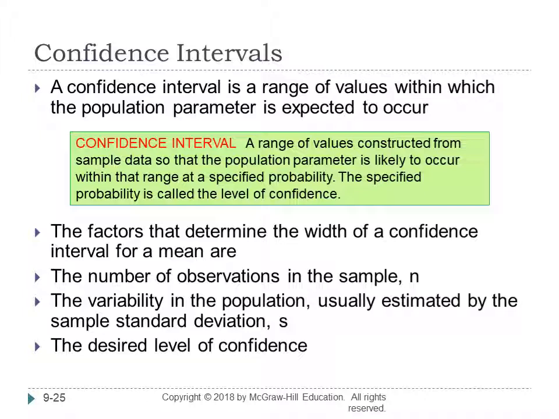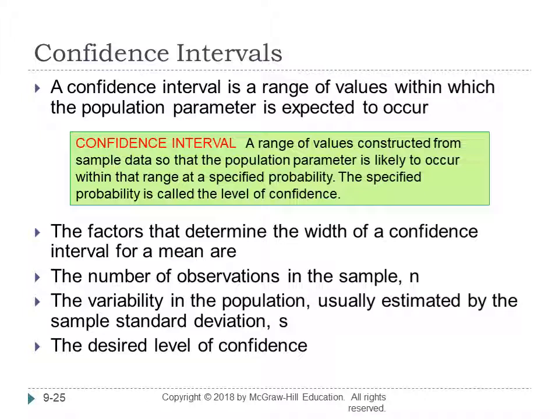And we will look at the different levels of confidence and see how to calculate confidence intervals. Now, what about the factors that determine the width of the interval for the mean? The width of the interval, if you're given an interval as an estimate, you don't want it to be too big. What does affect the width of the confidence interval?